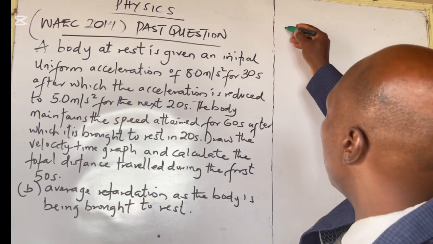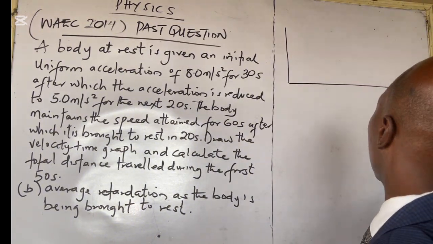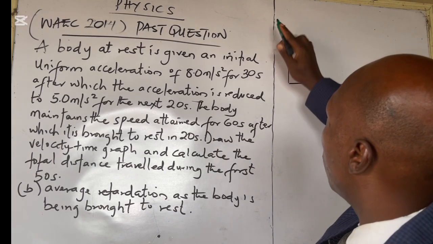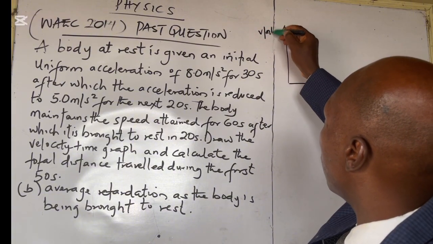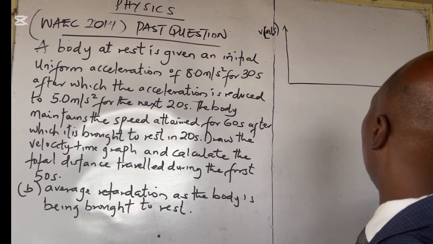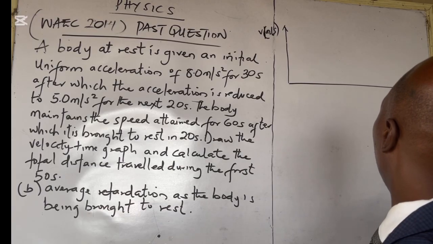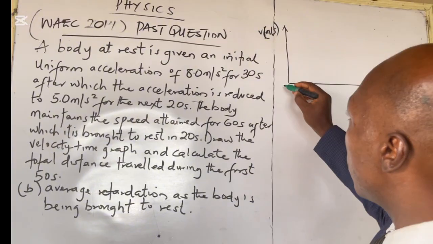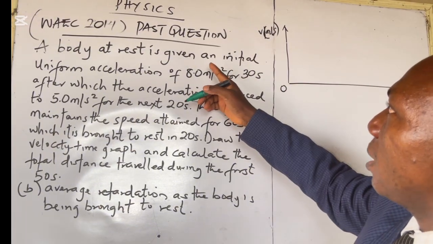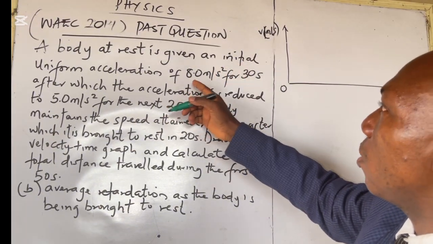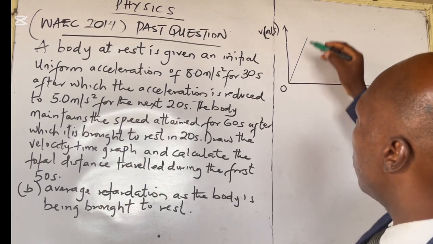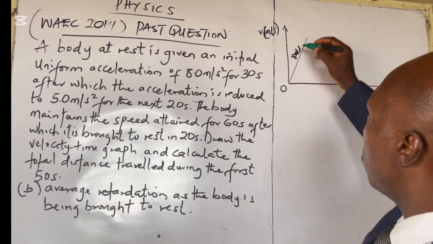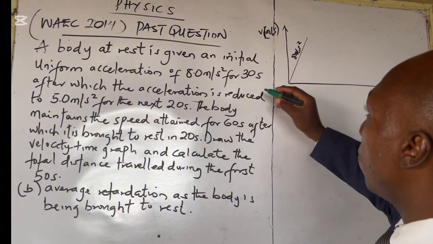So let's draw the velocity time graph of this body. This is velocity in meters per second, and this is our time in seconds. We are told that a body at rest, that means starting from 0, is given an initial uniform acceleration of 8 meters per second squared for 30 seconds.